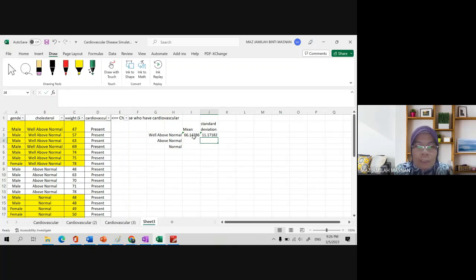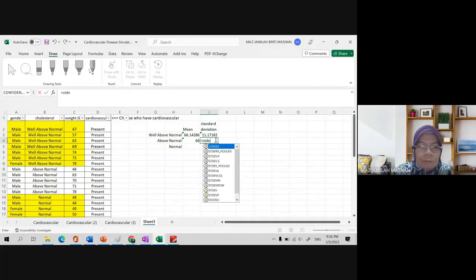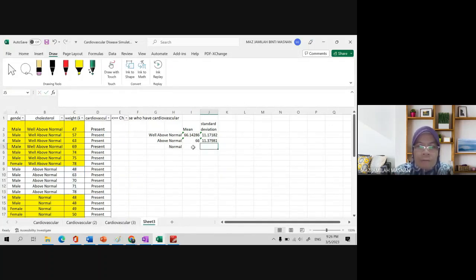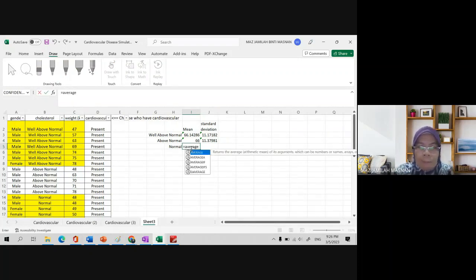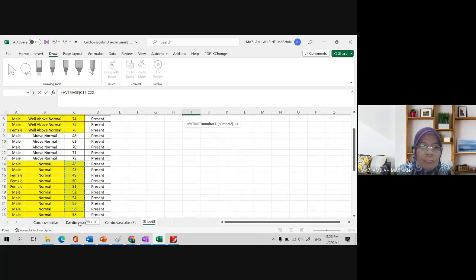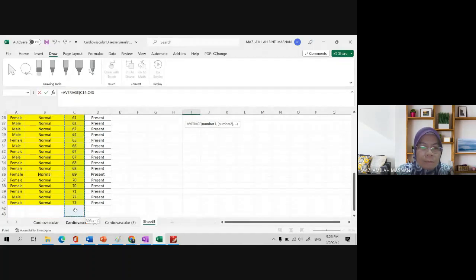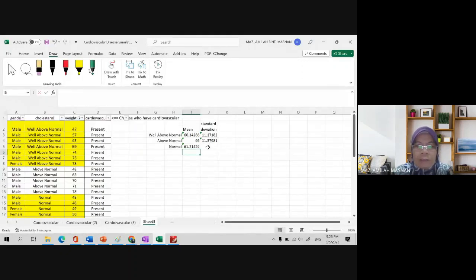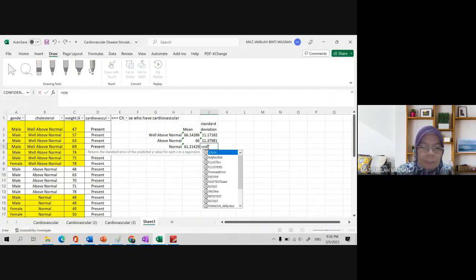You can do the same for the next, that will be the average for the second group, and then the standard deviation for the second group, above normal. Then find the third, that would be for normal, the average, then enter, and then equal to STDEV.